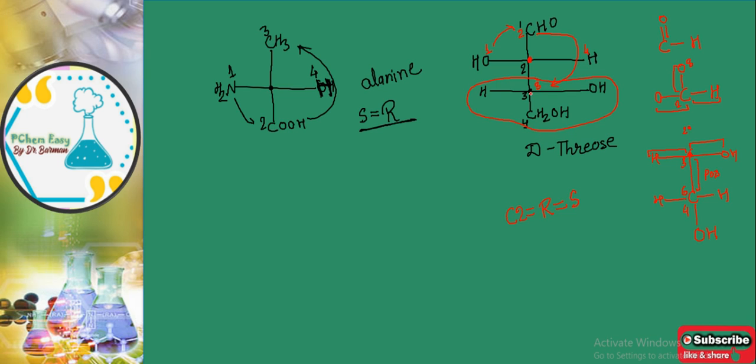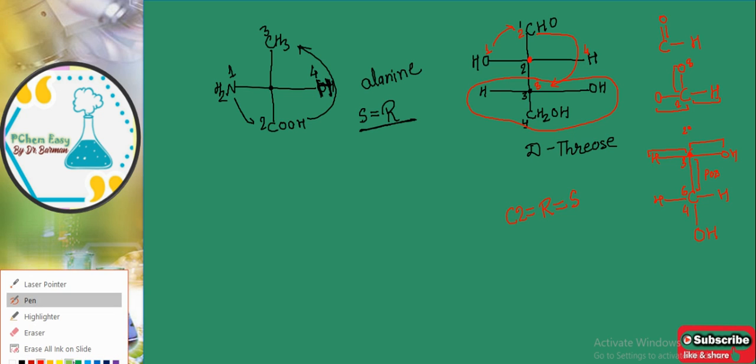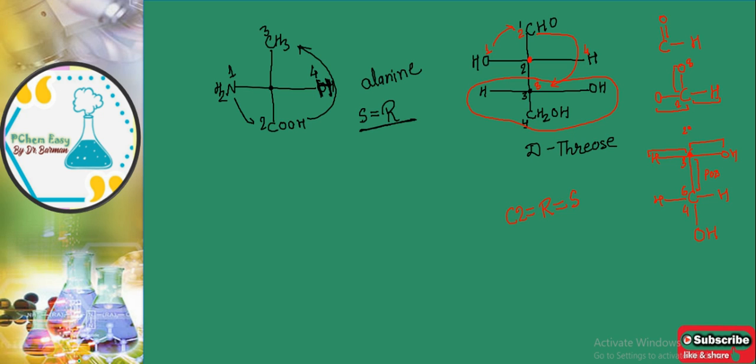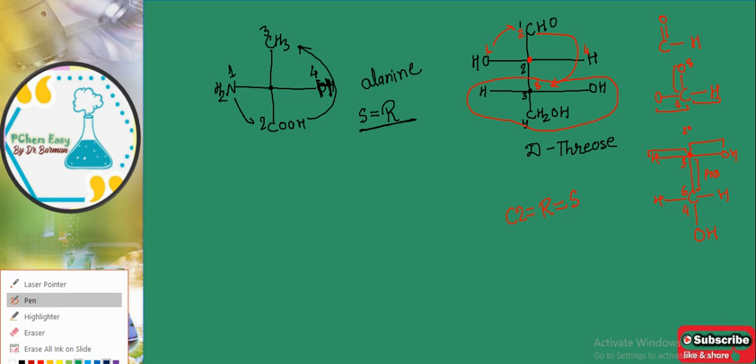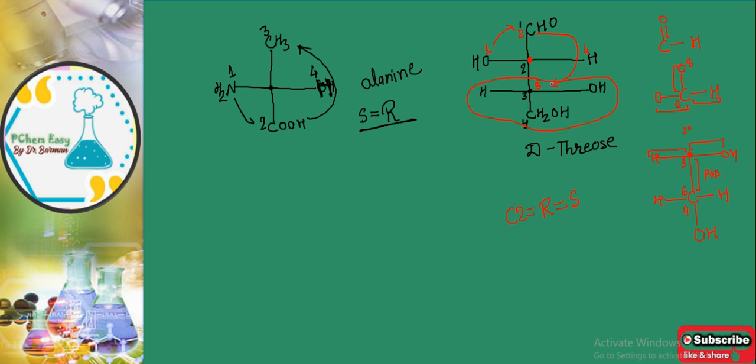Now we will talk about the configuration around carbon number 3. For that, first we have to find the 4 different groups. So what are those 4 different groups? Let me show you. This is the carbon. C2 we already have, so here I will go to C3.